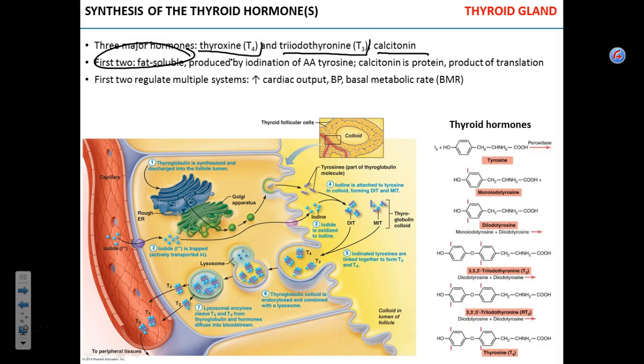Now, synthesis of thyroid hormone. You won't have to write down the entire synthesis. I want you to understand, though, a few key points of the synthesis. So, first and foremost, thyroid hormones are produced from the amino acid called tyrosine.